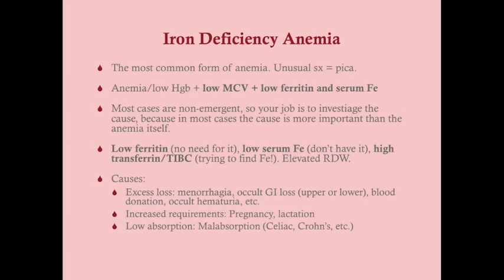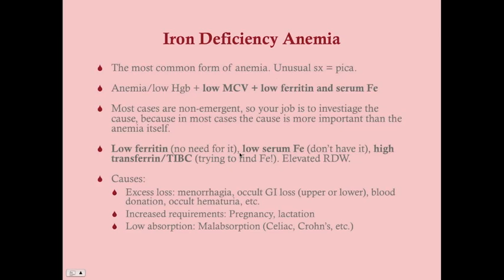So on iron studies, you're going to have a low ferritin, and the reason you have a low ferritin is because you have no need for it. You have low iron. And besides, your body doesn't want to make ferritin because ferritin is going to hog iron away from becoming heme. You're going to have a low serum iron because you don't have it, and then you're going to have a high transferrin, high TIBC.